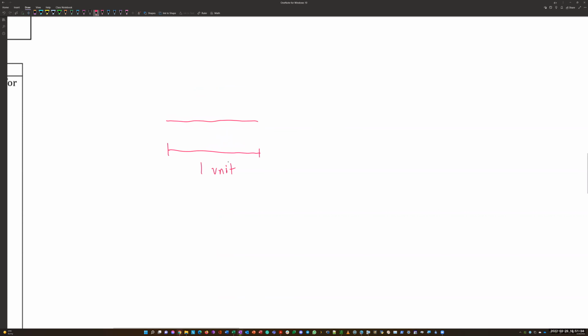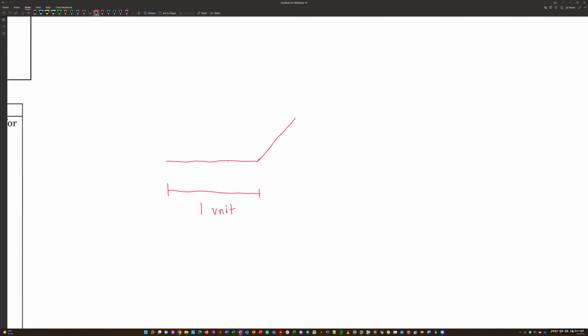Then I go like this, and I make this length also 1 unit. And assume these are right angles here. Then this is really a square. Is that correct? Correct.